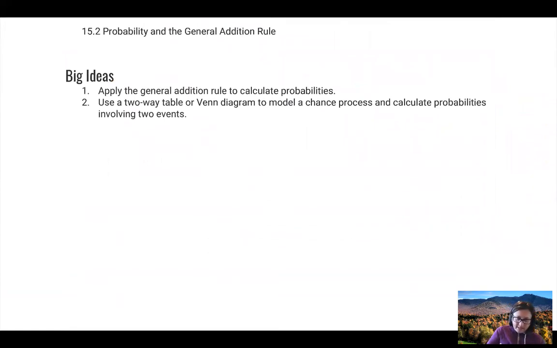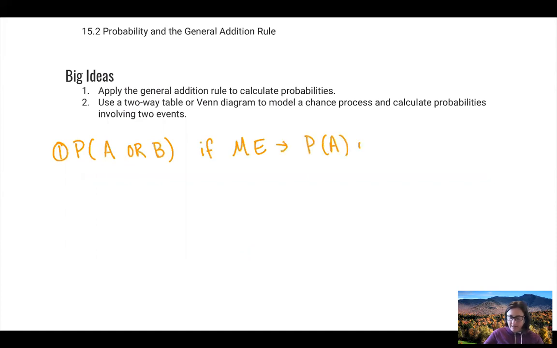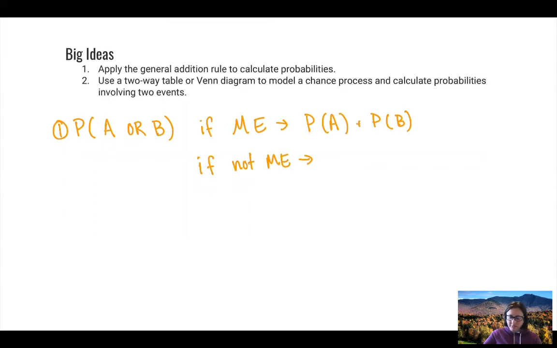So for the big ideas, for number one, the general addition rule says if I'm calculating the probability of event A, let's say rolling my tongue, or event B, if they are mutually exclusive, then I can just say, well, it's the same as the probability of A plus the probability of B. If they're not, then I've got to worry about that problem with the overlap that you saw in question number 10.